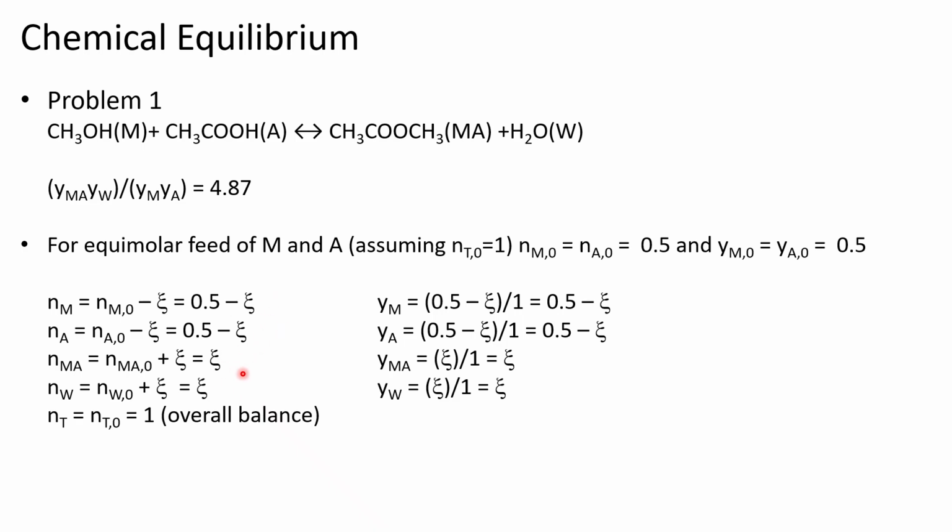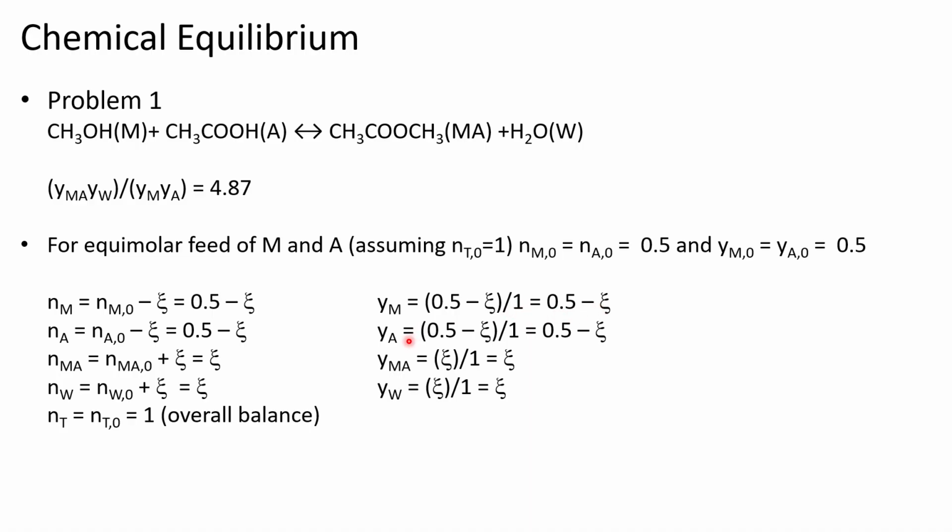Once we know the number of moles of each of the species, we can determine the total number, which we already said is 1. And from the total number and the number of moles of each species, we can calculate mole fraction. So for instance, the mole fraction of methanol is the number of moles of methanol that leaves, 1/2 minus xi, divided by the total number of moles, 1. So just 1/2 minus xi.